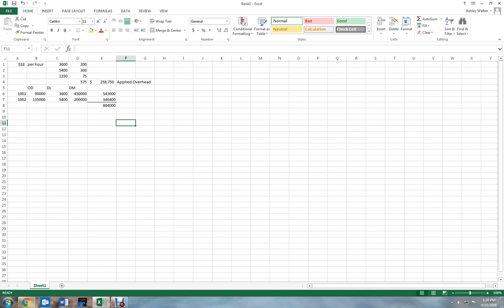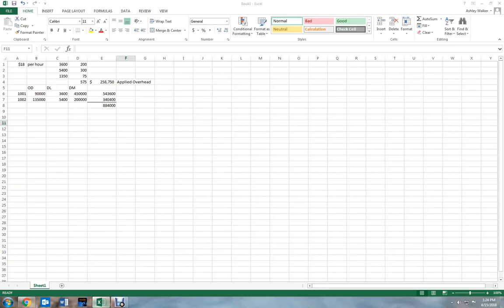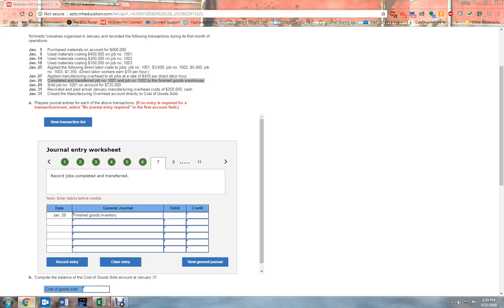So we go back into our journal entries. Since we're completing and transferring those two jobs, those costs are going into finished goods inventory, a total of $884,000.